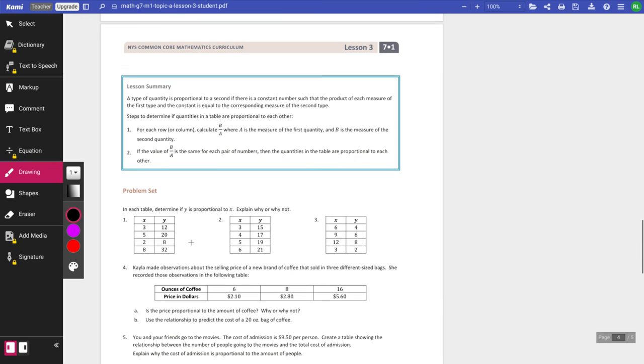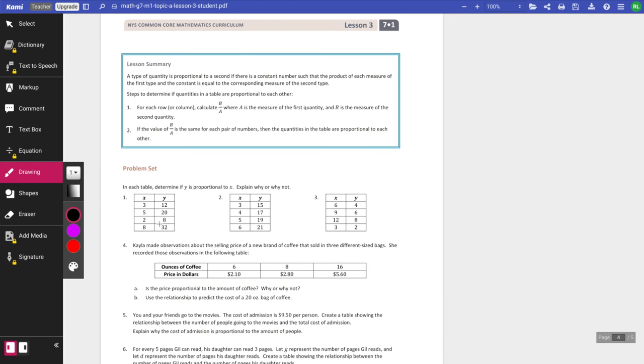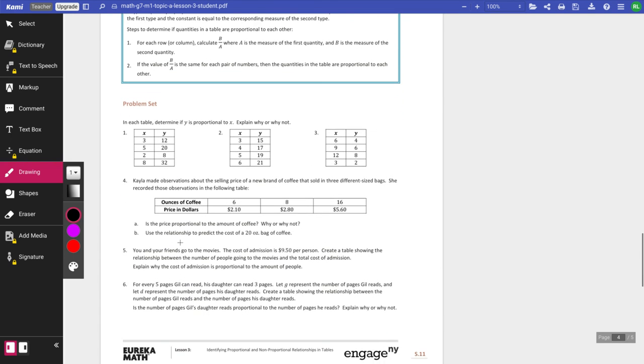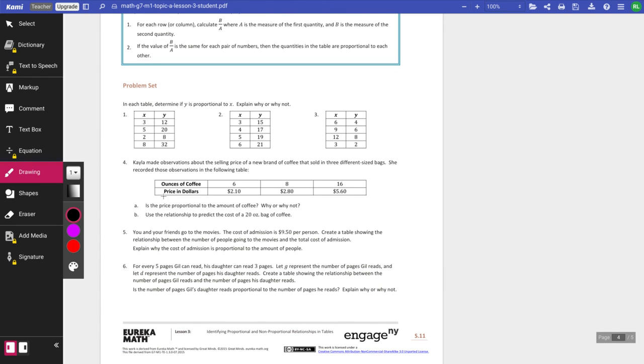Okay, so the problem set's going to be 1, 2, 3, 4, and 5, I'm sorry, in 6. In each table, determine if y is proportional to x, explain why or why not. So here, I just need to figure out what do I have to do to my x to get to my y.